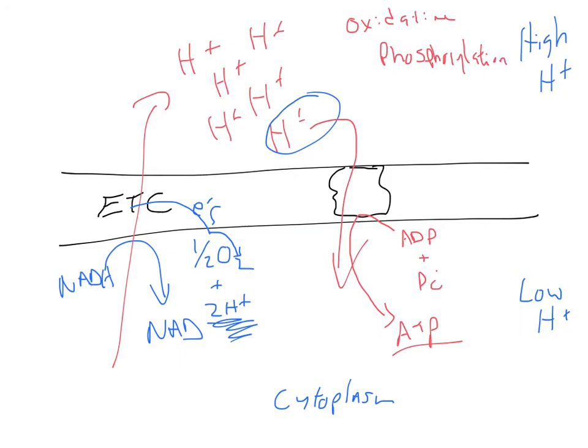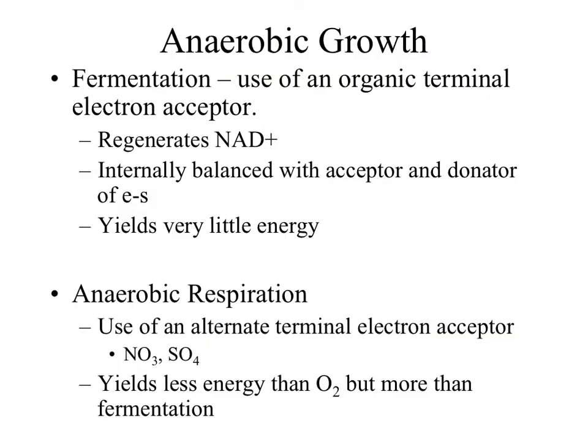Now, we won't always have oxygen present. In that previous example, we used oxygen and the electron transport chain. So we've got some other ways to drive anaerobic growth, to provide ATP for cells in the absence of oxygen. The first being fermentation.